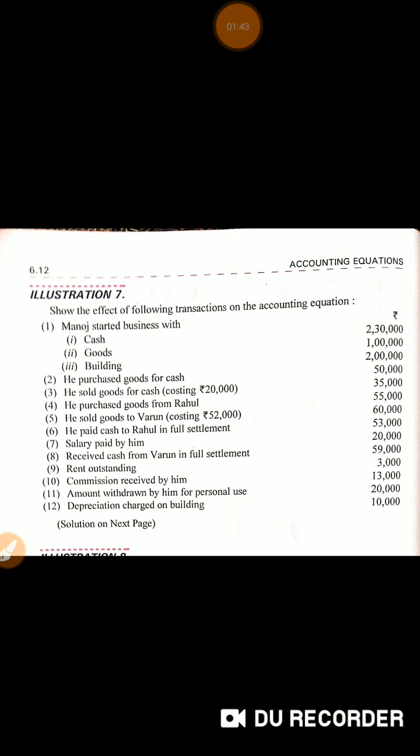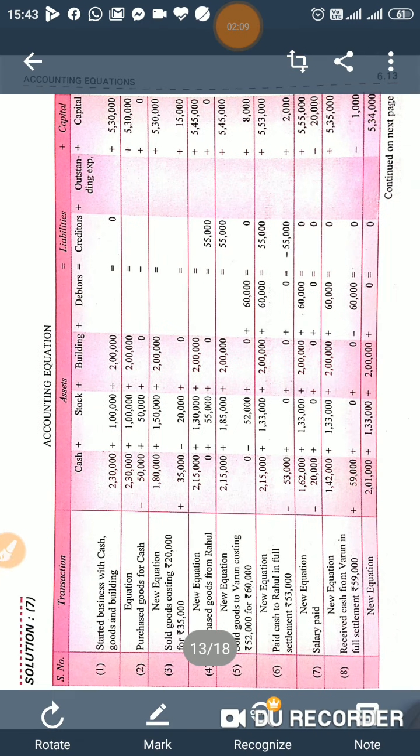The process I discussed yesterday: first of all, you read out each transaction, decide what assets and liabilities are involved, and keep on writing the names of those assets and liabilities on the first line, like I show you here.